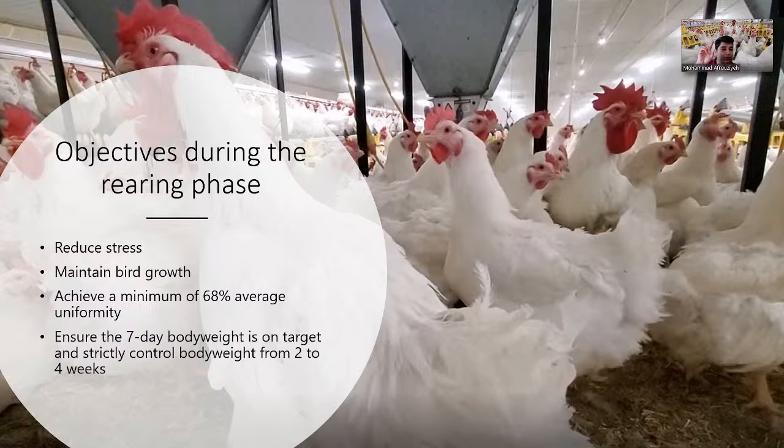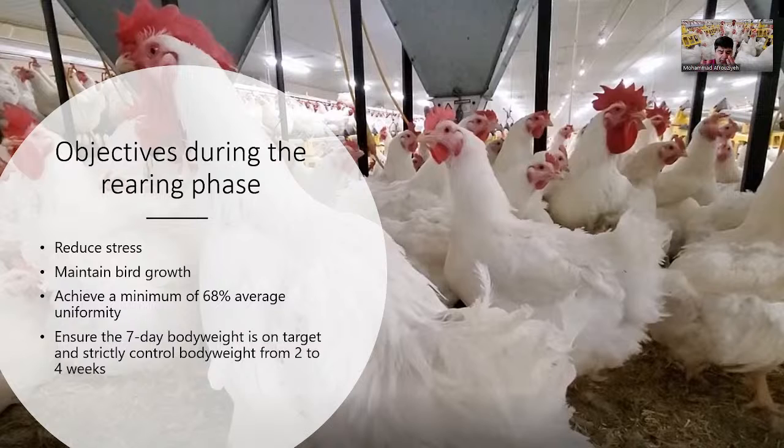FLAWS stands for feed, light, water, air quality, sanitation, biosecurity, all of these. I have talked about these in my previous videos. So if you have a good body weight at 7 days of age, you're gonna have good management in your barn. So it's really crucial to pay attention to that.